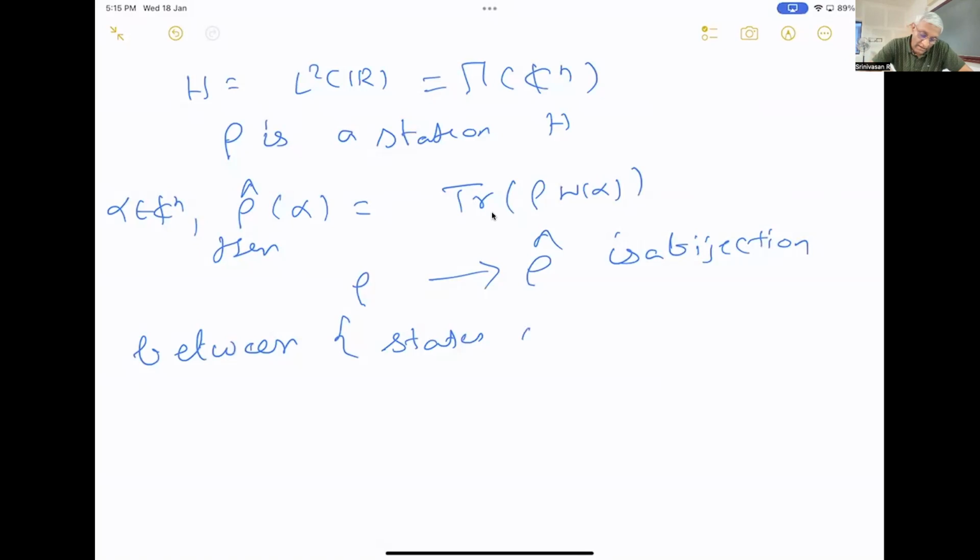So states on H, between these two things, between states and the function. So maybe I will write it here.